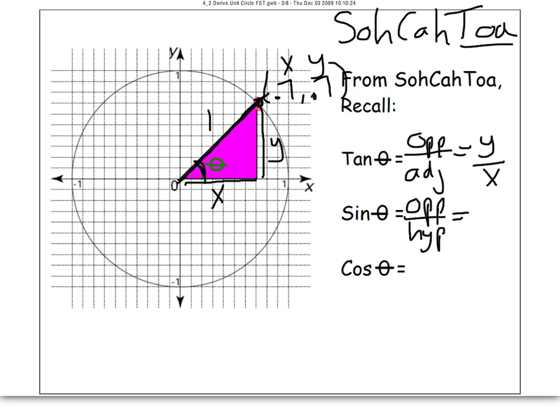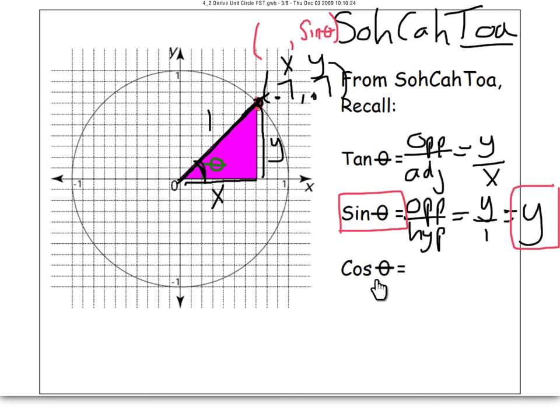So what I can do is I can say sine is opposite over hypotenuse, or it is the y over 1, or it equals y. So what we just defined is this. We just said the y movement equals sine. So I'm going to come back up over here, and in my ordered pairs, I just said y is the sine of the angle.